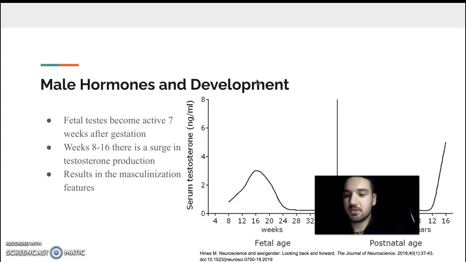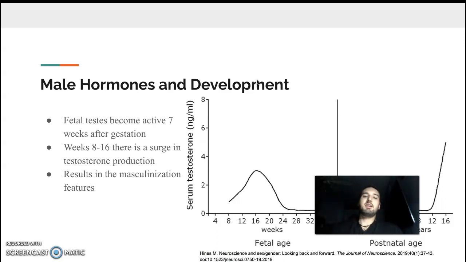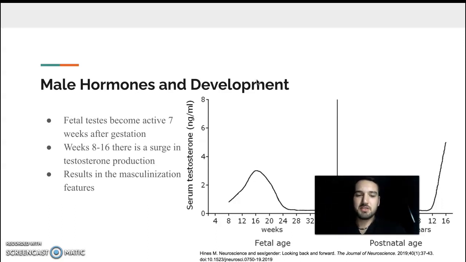So we can see that in years 12 through 16, serum testosterone level reaches almost 6 nanograms per milliliter. So we see that testosterone becomes very important not only during the fetal stage, but also in the postnatal age. And testosterone is the main hormone responsible for the masculine features, and it is produced by the testes.